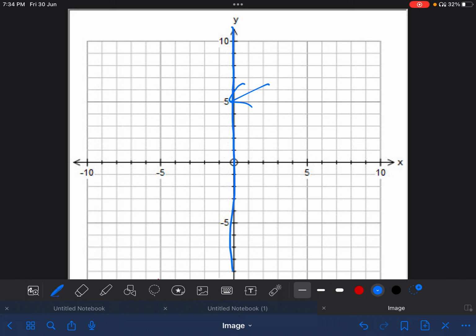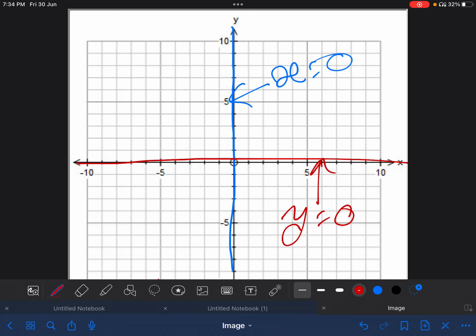What is the equation for this line? Always keep in mind x is equal to 0, and for this horizontal red color line, the equation is always y is equal to 0. Okay, so always keep in mind x is equal to 0 means this y-axis, and y is equal to 0 means your x-axis. This is the equation for this horizontal line and vertical line.